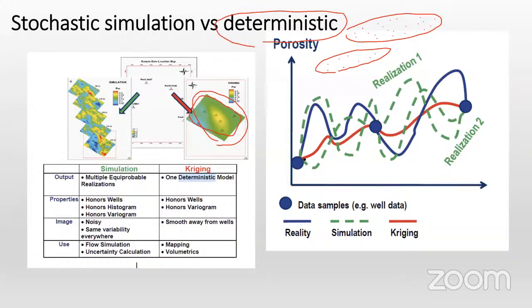Look at this one: the blue curve is reality, but this one, based on Kriging or deterministic, underestimates or overestimates the properties.